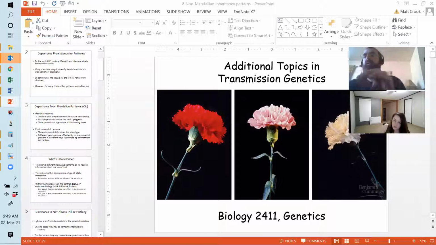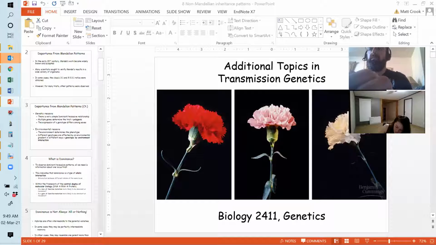So in classic dominance, the heterozygote will always show the phenotype of the homozygous dominant genotype, right? Because you just need the one allele to be able to have full function and have that phenotype. In incomplete dominance, one is not sufficient, right? And so you have this intermediate phenotype for the heterozygotes.